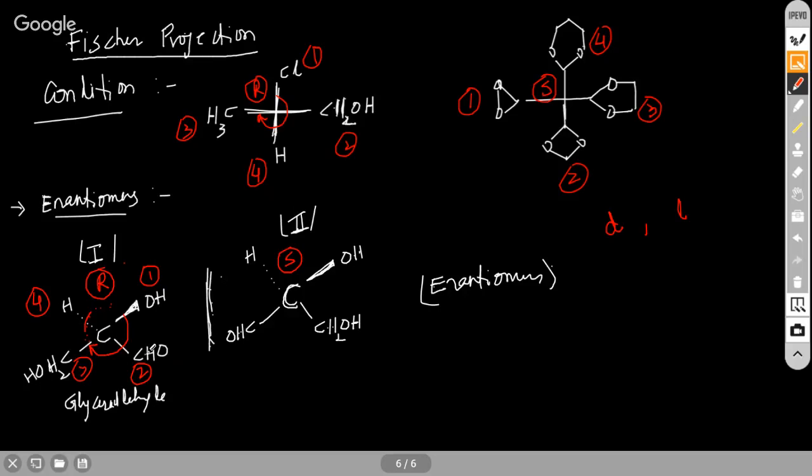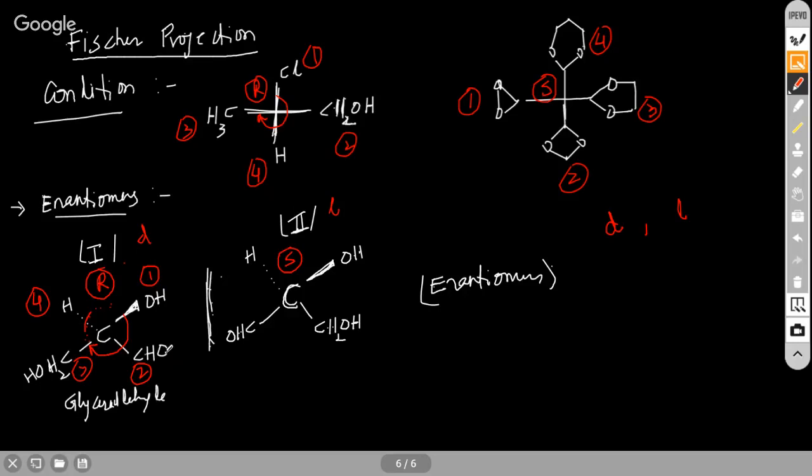So we cannot say which one is D, which one is L. For that we have to perform the experiment. But one thing is very sure, that if this one is D, this will be L, and vice versa. So they won't ask you the question of dextro and levo, but they'll ask you R and S, they can ask you enantiomers.